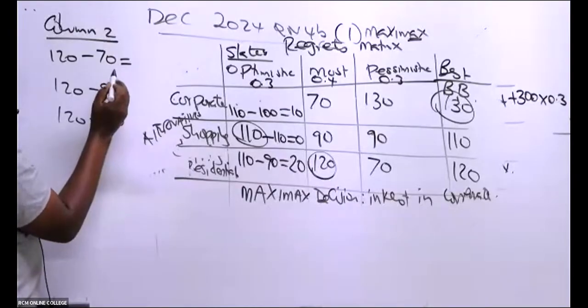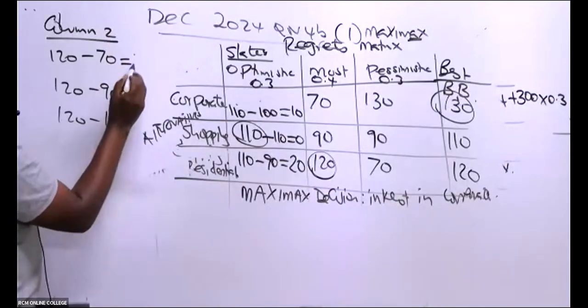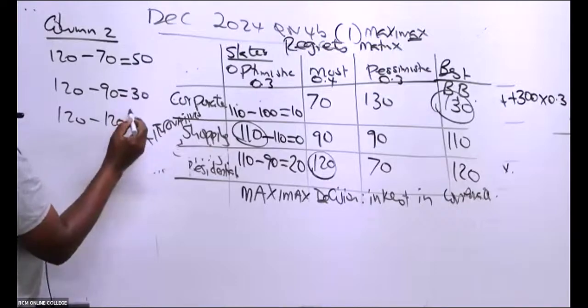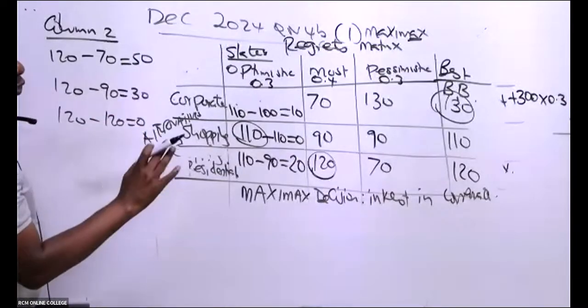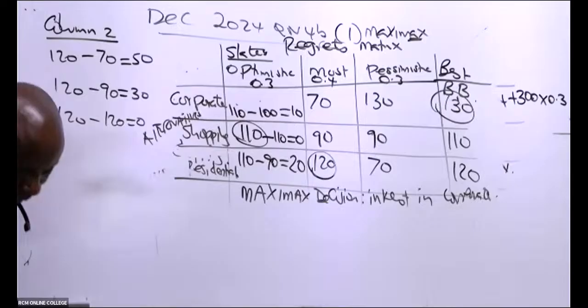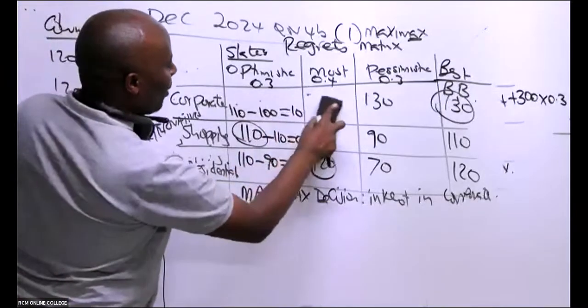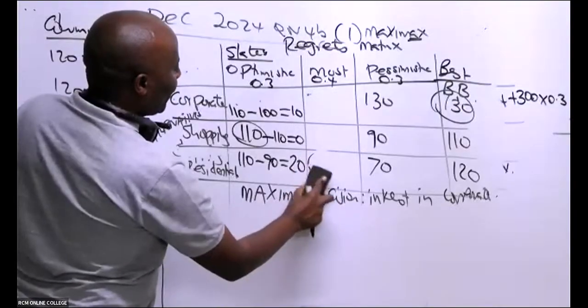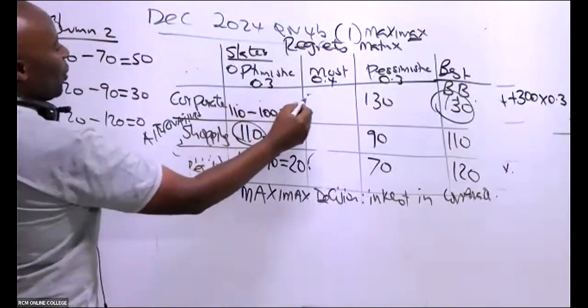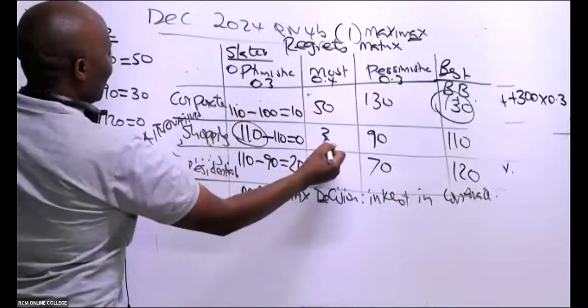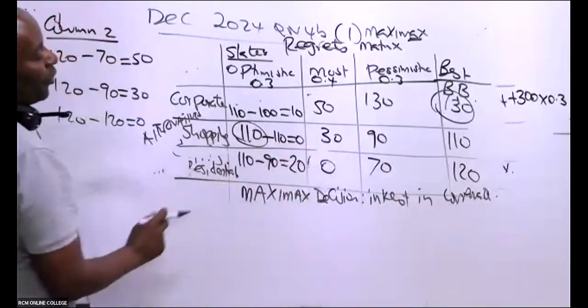Which then will give me what figures? Somebody has already given me these figures: 50, 30, 0. For your case, you need another table. For my case, I'm okay because I'll just copy the new answers here: 50, 30, and then 0.